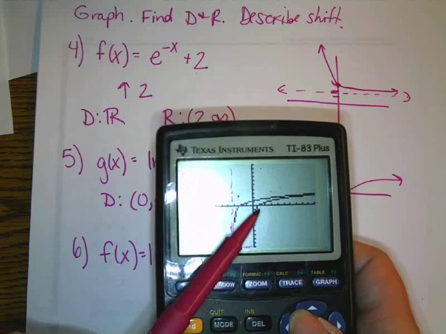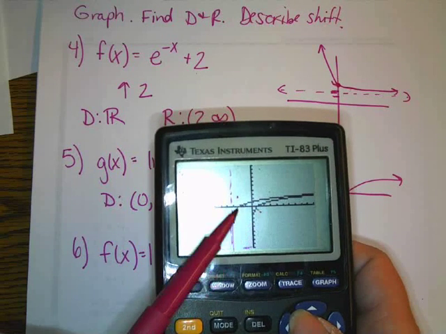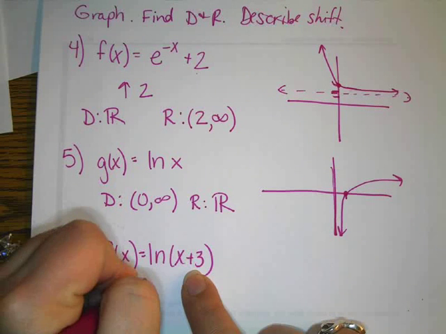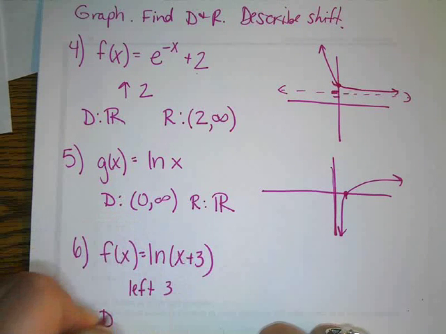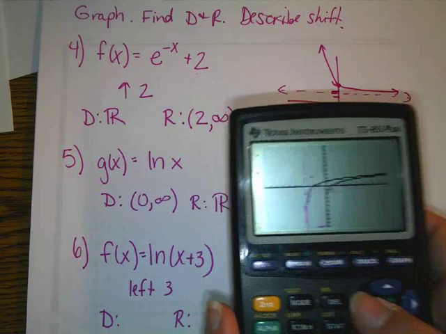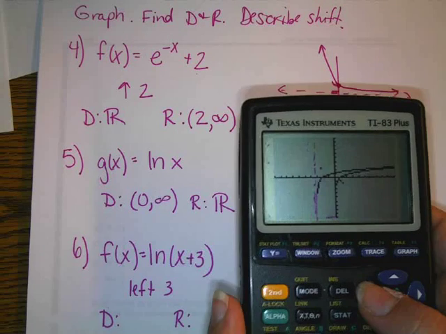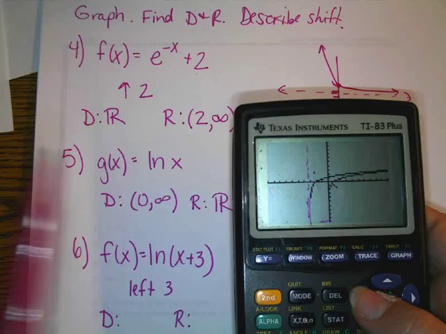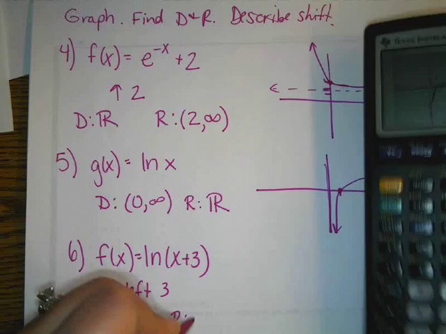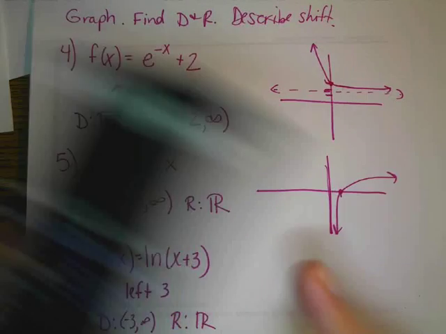So if this is the original, we shifted now left. How many units? 3. Domain and range. The domain now doesn't start at 0, it starts at -3 to infinity, and the range again is all real numbers.